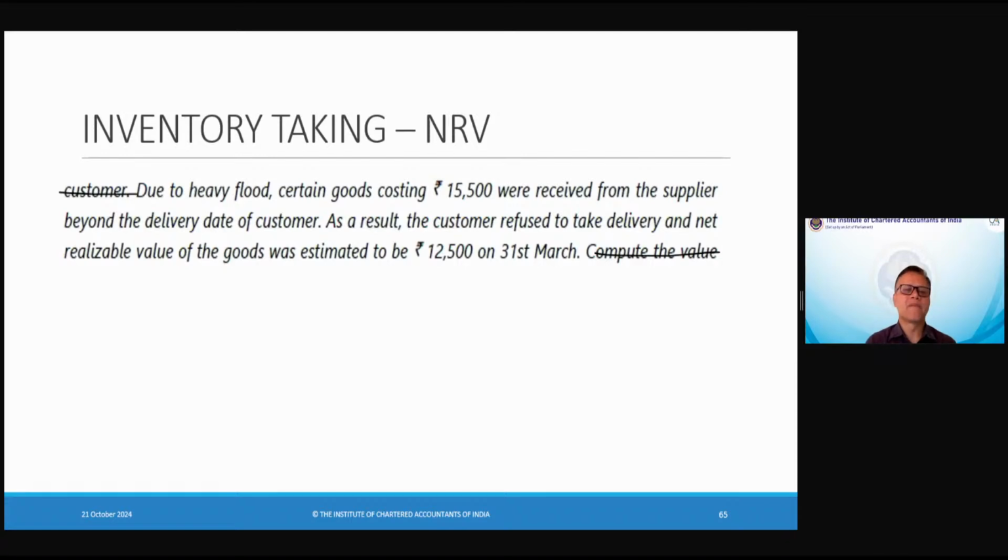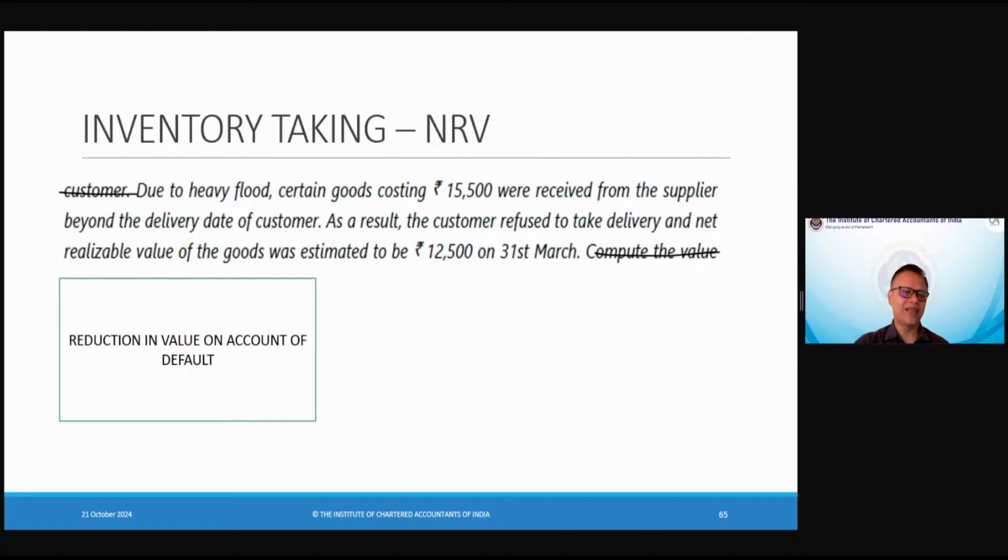At that time, we calculated the net realizable value of goods, and that was estimated as 12,500 as on 31st March. So when we found that 15,500 goods is now at a realizable NRV of 12,500, then we have to think of cost or NRV, whichever is lower. Now NRV becoming lower, we have to find how much our value has reduced.